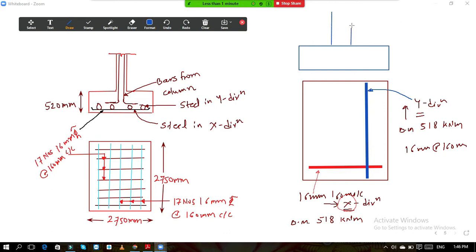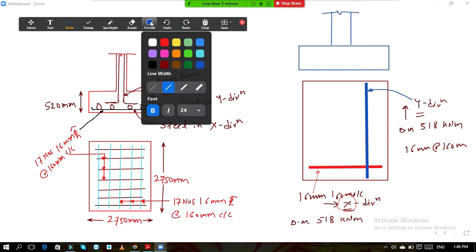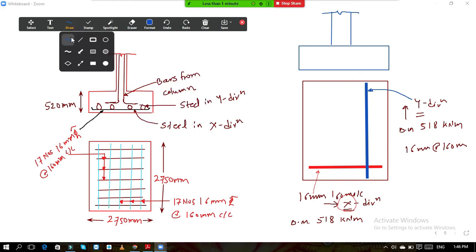Here it is your column. Okay, now I have drawn the elevation. So here also, now I will use the same color code so that you can understand. So here, what is your overall depth? Here your overall depth is 520 mm. This is 520 mm.